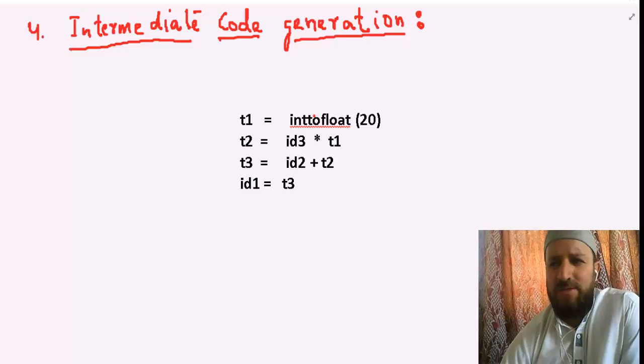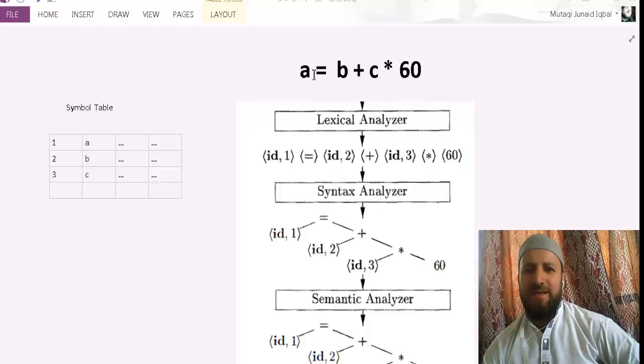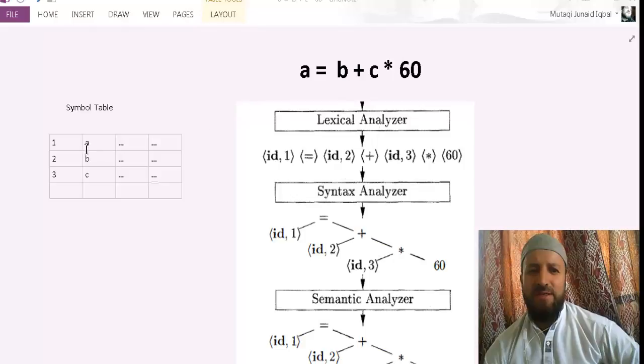So until now we have a situation like this. For example, we got a equals b plus c into 60. Firstly, what does the lexical analyzer do? It generates the tokens, identifies the lexemes, and uses the symbol table to locate these a, b, c, and uses the 1, 2, and 3 as the symbol table entries. And then the syntax analyzer, or the parser, creates a parse tree.